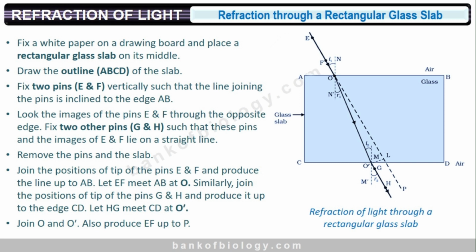Join the positions of the tips of the pins E and F and produce the line to AB. Let EF meet AB at O. Similarly, join the positions of the tips of the pins G and H and produce it up to the edge CD. Let HG meet CD at O dash. Join O and O dash, and also produce EF up to P.